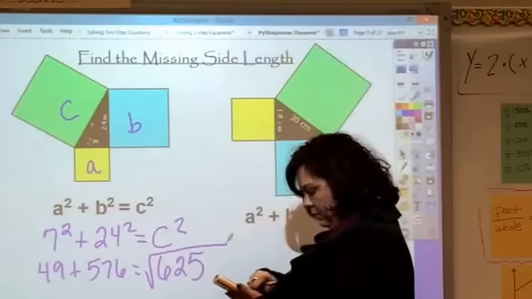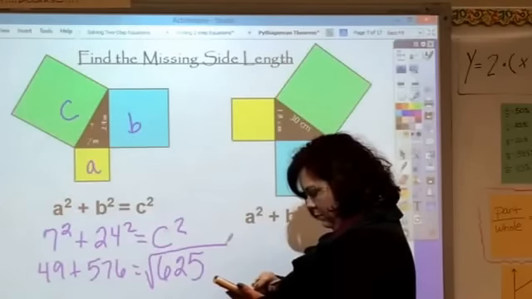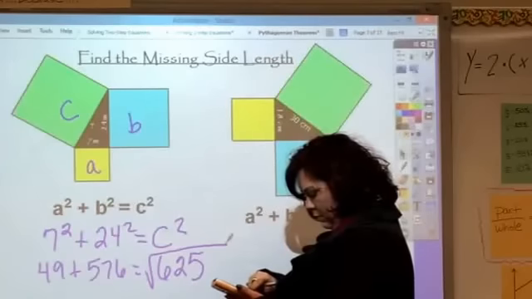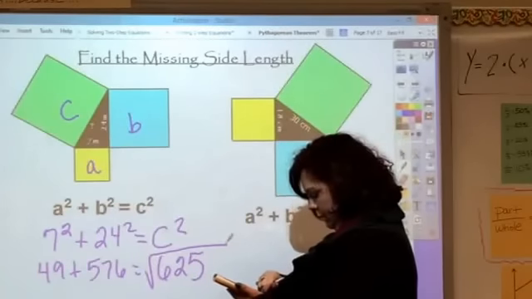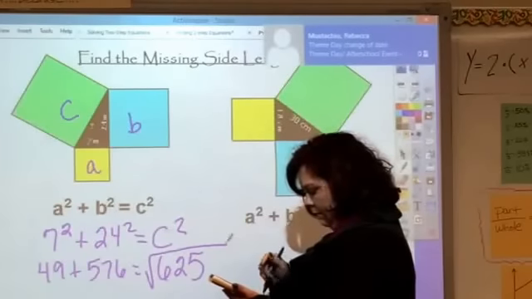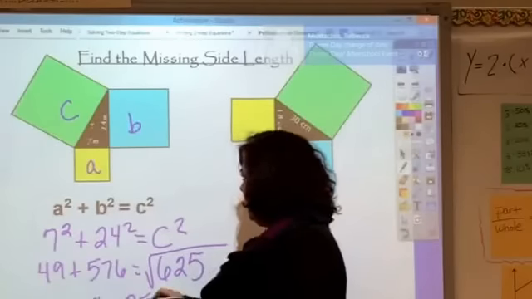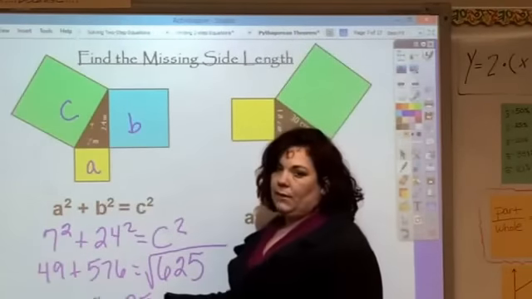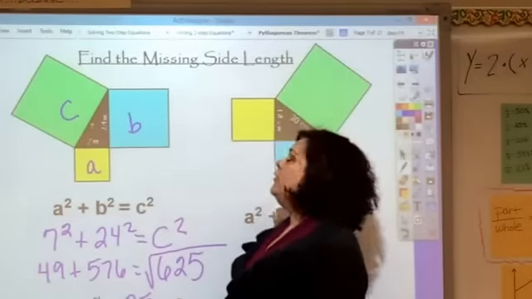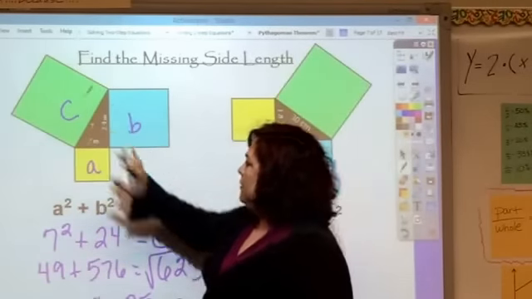The square root of 625 is 25. So C equals 25, and it's meters. It's always going to be a distance, so you need to include your units. So this squared plus this squared equals this squared.